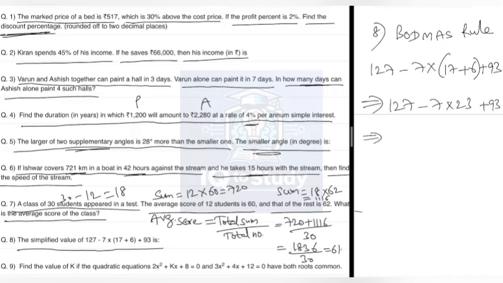That implies 127 minus 161 plus 93, that is 93 minus 34, which implies 59.